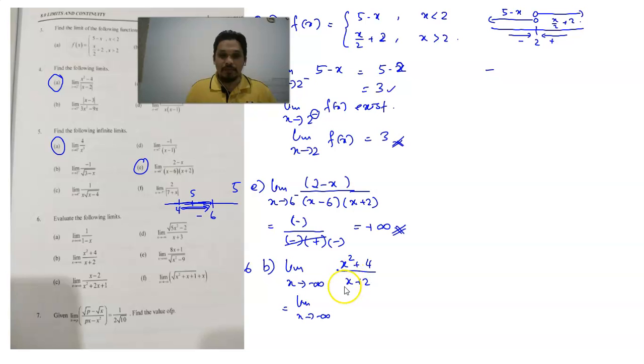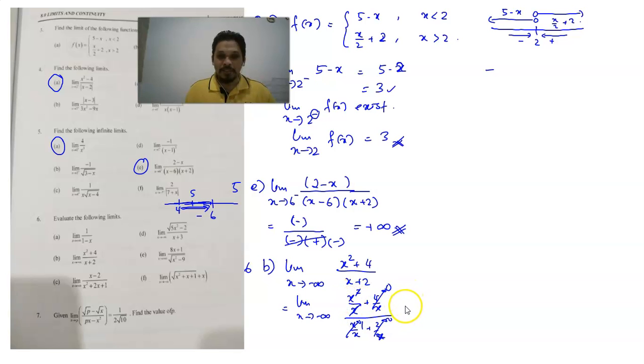The highest degree of x in the denominator here is x, so we get x squared divided by x, plus 4 over x, divided by x over x plus 2 over x. As x approaches negative infinity, 4 over a big negative value comes up with 0, and this is 1. X squared divided by x leaves only x.